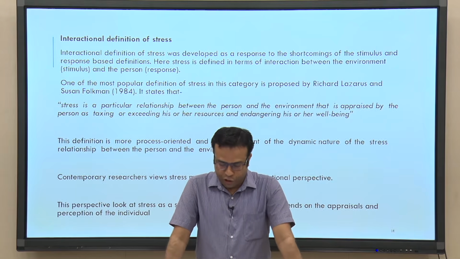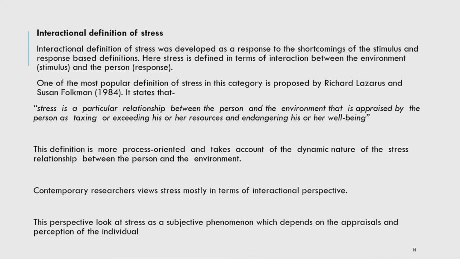One such popular definition in this category was proposed by Richard Lazarus and Susan Folkman in 1984, which is one of the most cited definitions of stress. It defines stress as a particular relationship between the person and the environment that is appraised by the person as taxing or exceeding his or her resources and endangering his or her well-being.